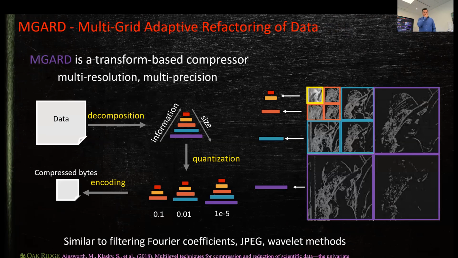Okay, so the thing that we do is a transform-based compressor. It's multi-resolution and multiple precision. If you're familiar with the theory of multi-grid, we essentially do what we call L2 decomposition of data. So we go through this coarsening of the grids.